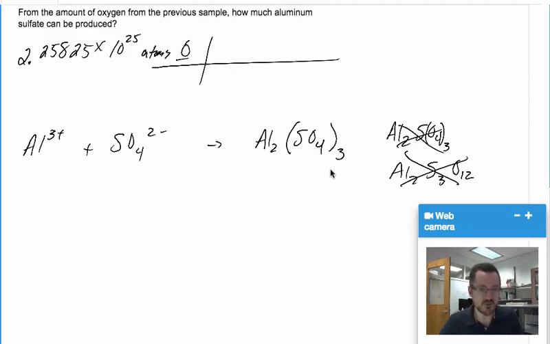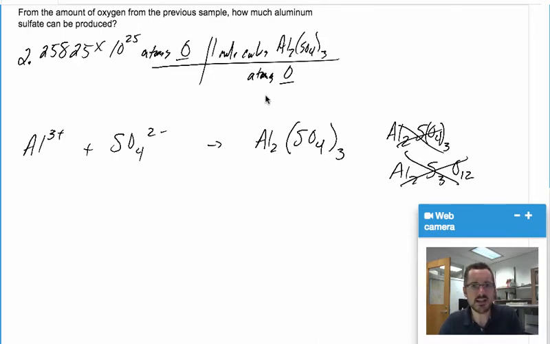Because based on the number of oxygens I have, I will convert my atoms of oxygen to my molecules of Al2(SO4)3. So if I break up 1 aluminum sulfate, I would need 4 times 3 oxygen atoms to do this.